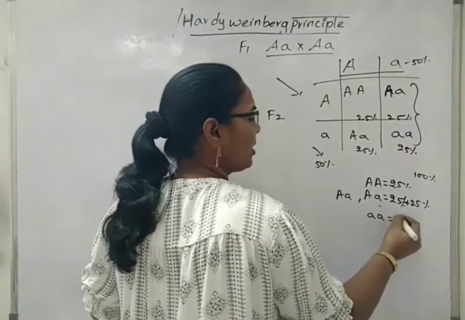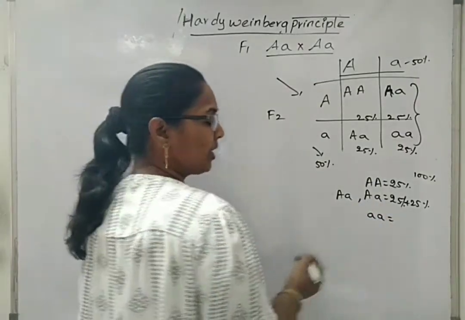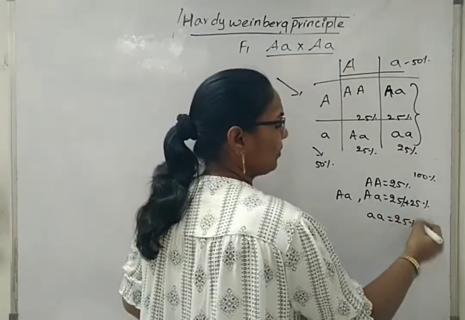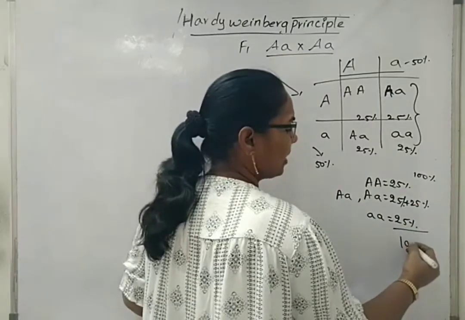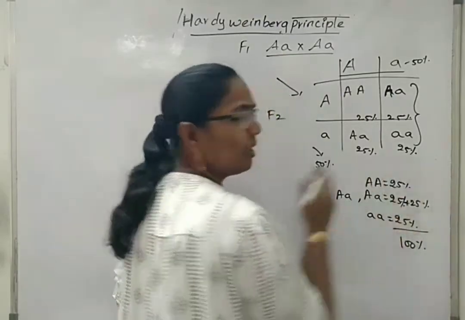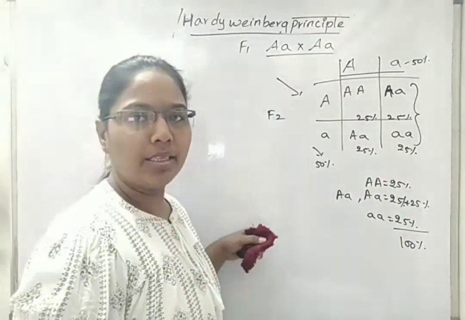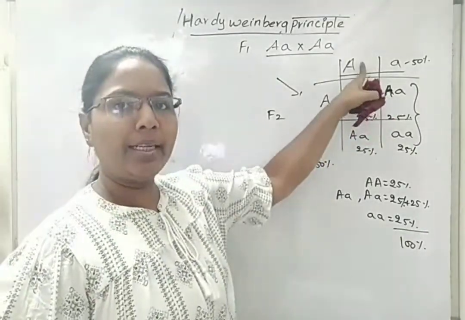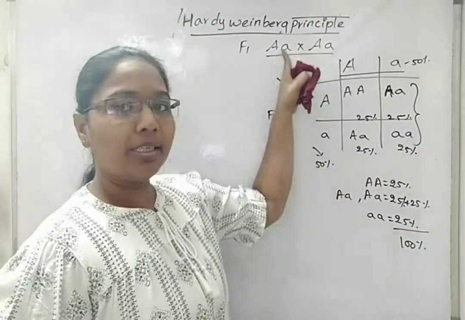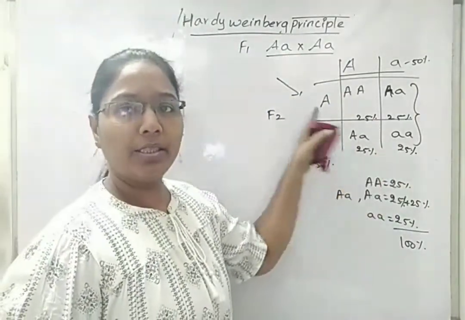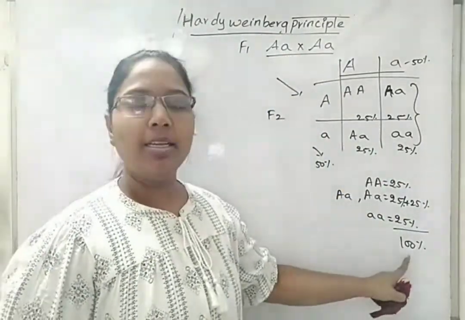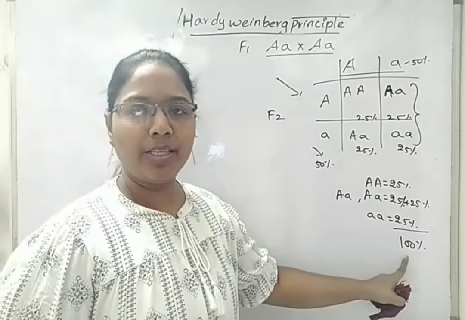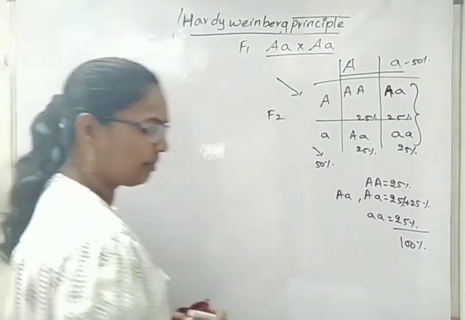Next, the homozygous recessive allele-paired organisms are 25%. If we add them, we get 100% in all, which means the sum total is the same as that of the parents. Parental generation, F1 generation, F2 generation, in every generation we see a complete 100% of the allele frequencies.